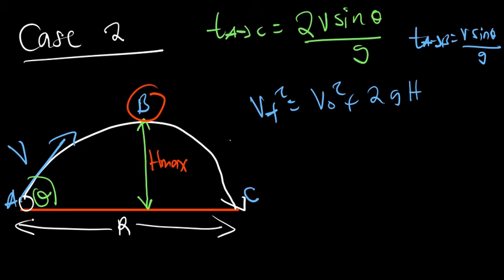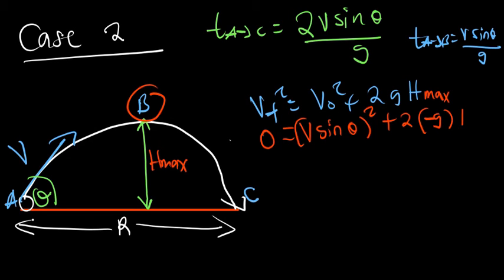In this case, h is the h max we want to find. So when we're talking about the height, we're talking about the y-axis. But remember, since point B is the maximum point, the final velocity at maximum height is 0. So that will be 0. This will be v sine theta, but everything has to be squared because it is squared plus 2gh. Now, since it was going up, g is negative. But this formula we are trying to derive, even the one for the time, they will give you.